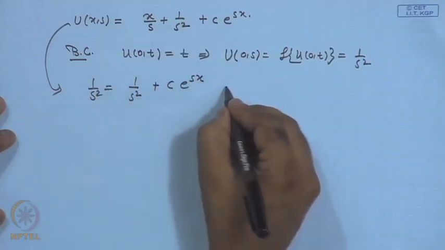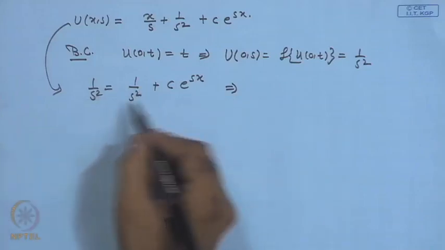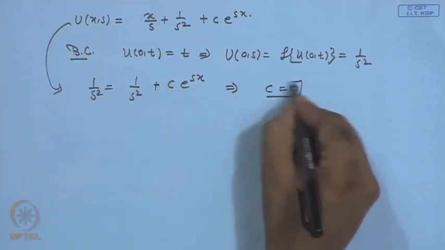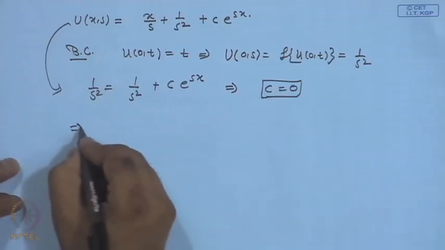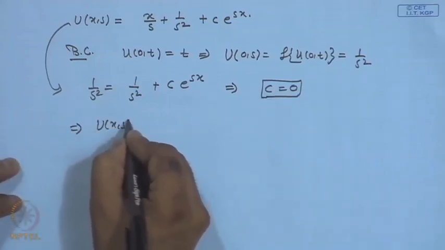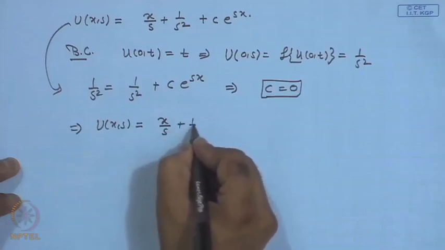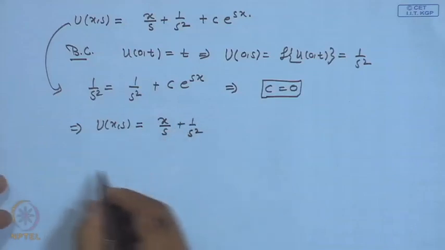So what we see from here is that c must be 0, and then our solution is U(x,s) equal to x over s plus 1 over s squared.